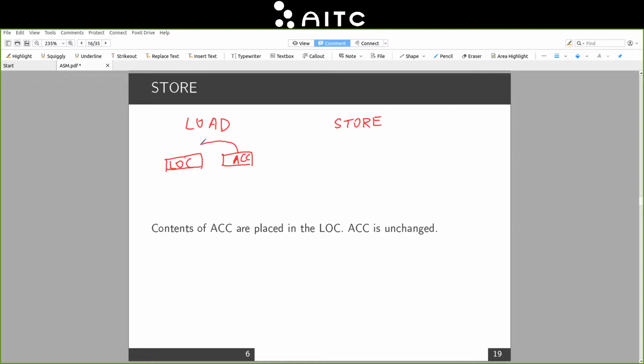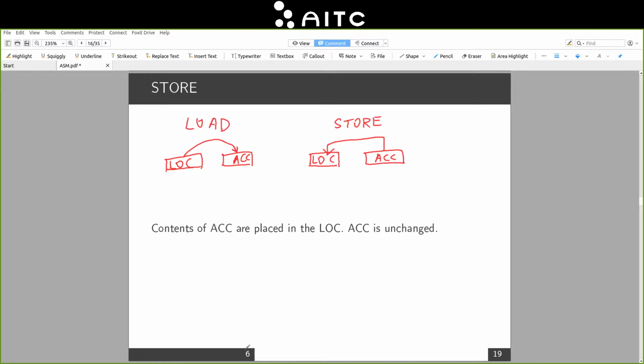Load is LOC to ACC, just as it means originally. And store is ACC to LOC. ACC means the accumulator. LOC means immediate data.